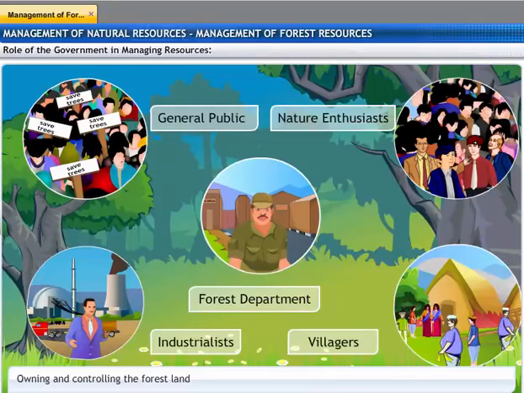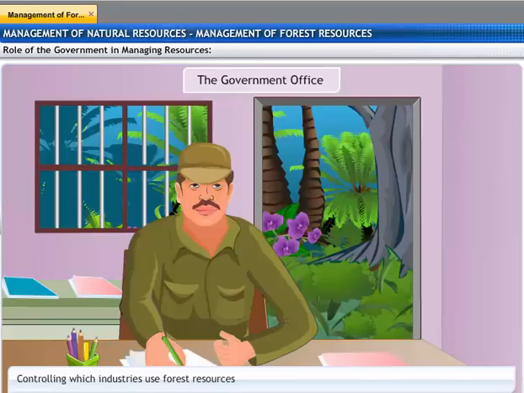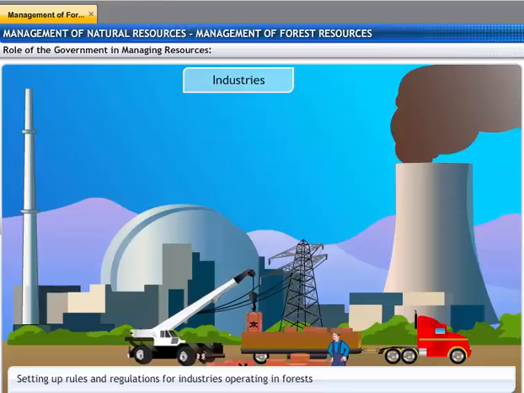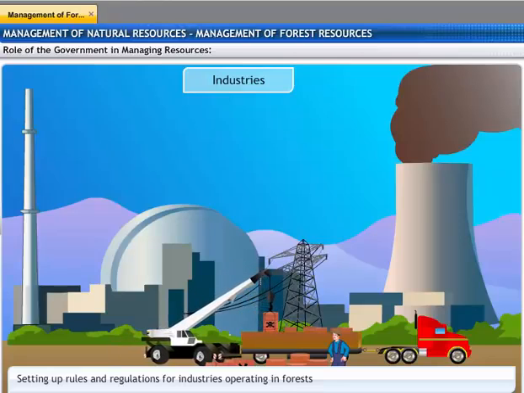The government, which owns the forest land, has some clear responsibilities. The government controls the industries to use the resources in limited quantities. It also has to set up rules and regulations for how these industries should operate, dispose their waste material, and so on.